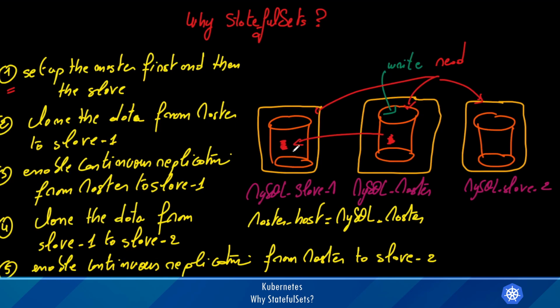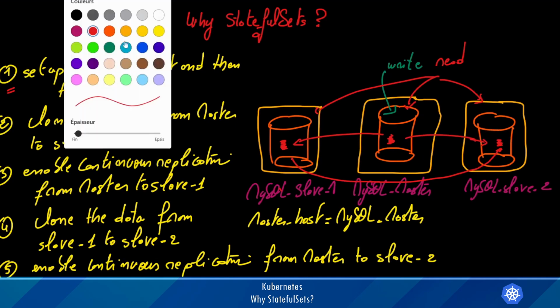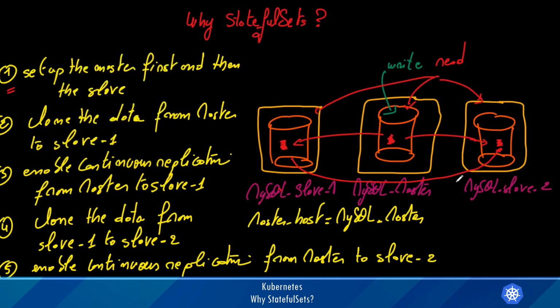The data available on slave 1 should be cloned by slave 2. And then we enable continuous replication from master to slave 2, so any data coming to the master should be duplicated on slave 2. For that, we also have to tell slave 2 where the master is. So we should give slave 2 the address of the MySQL master.